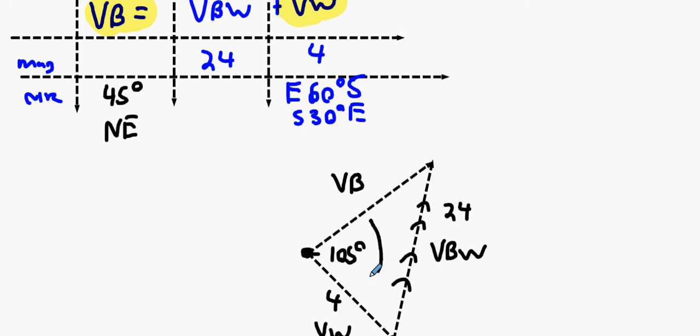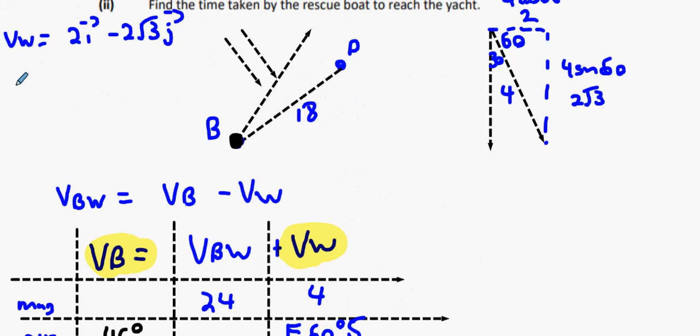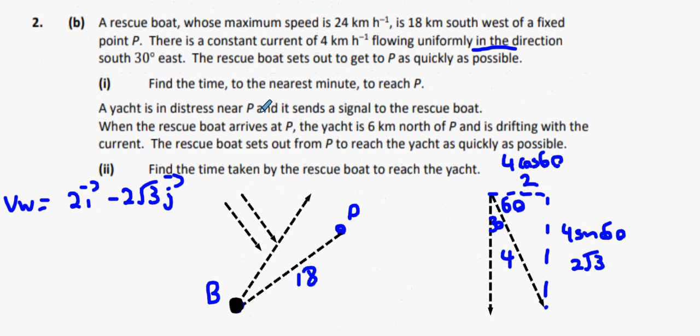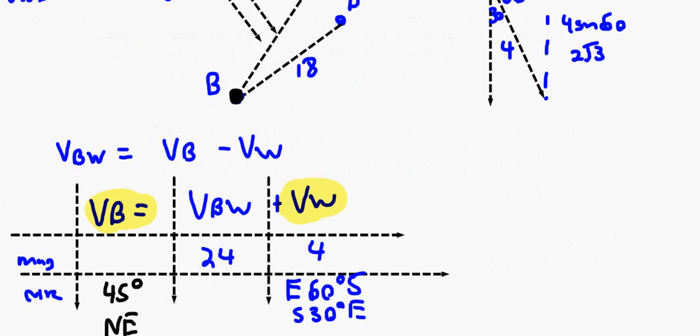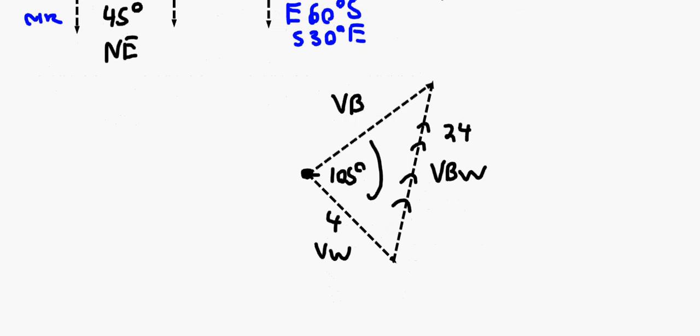Now, reread your question and figure out which piece of information you want to get first. The time. If I'm looking for the time, it's 18 kilometers divided by vB. So my whole goal is to find out vB. vB is the target. And then 18 divided by vB will actually answer my question. Okay?